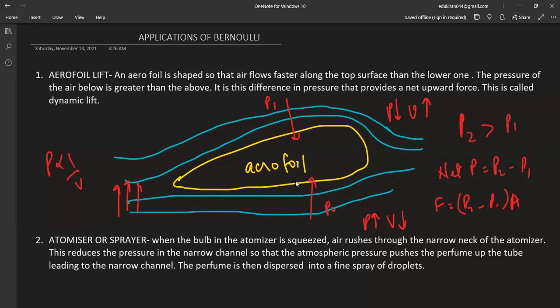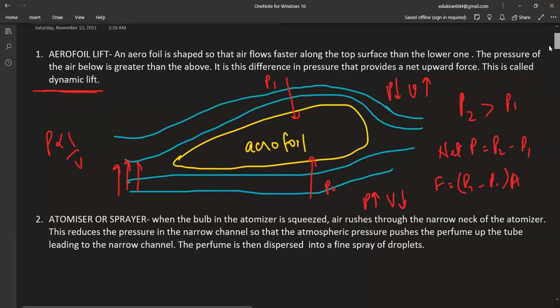That's why pressure is made greater on the bottom side. Fine. Pressure of air below is greater than above, and this pressure difference creates an upward force, which is known as the dynamic lift. So this can be asked.